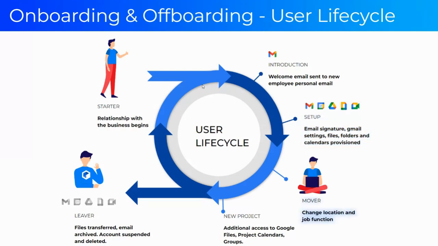Now, we're not going to cover the next 3 points during this presentation, but I wanted to finish off the life cycle of a typical user. Normally through the course of an individual's career in the organization, they may change job function, they may change location, and that typically will dictate how and what services that individual needs to get.